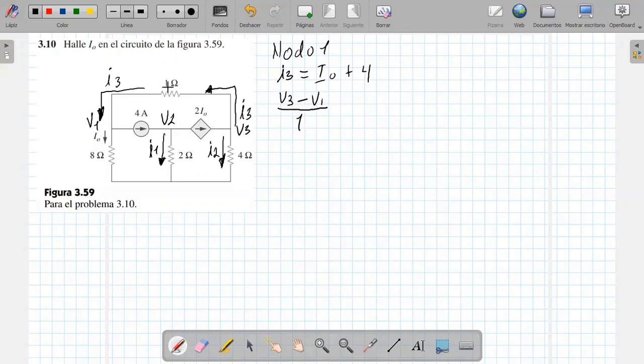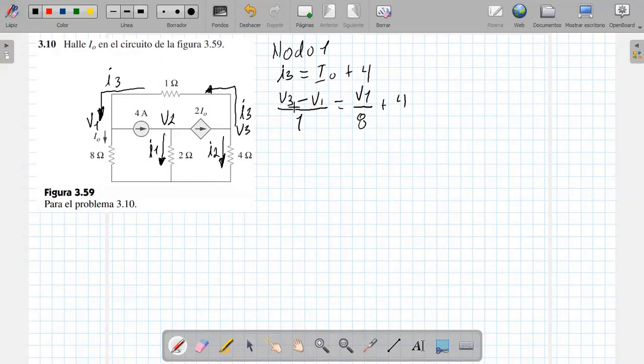Over 1 ohm of resistance, the current is equal to voltage over resistance. That current I3 is going to be equal to I sub 0, which is V1 over 8 ohms, plus the 4 amperes.